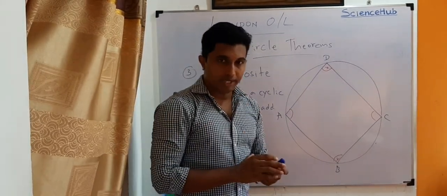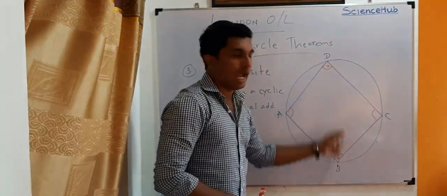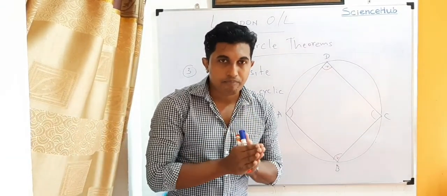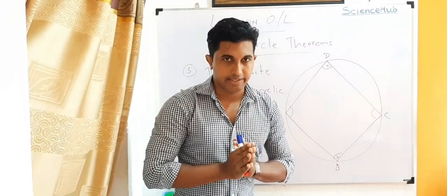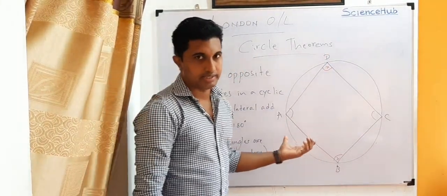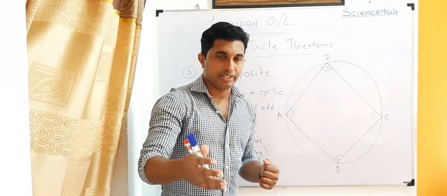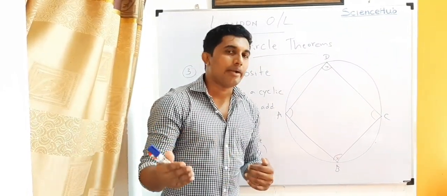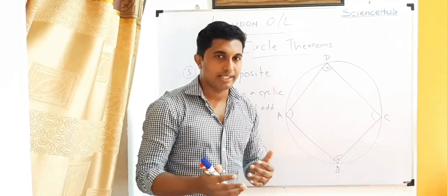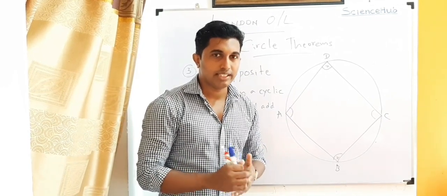And what is the theorem? The sum of these opposite angles of a cyclic quadrilateral should be 180 degrees. You already knew about this: if any two angles sum to 180, we call them supplementary angles.